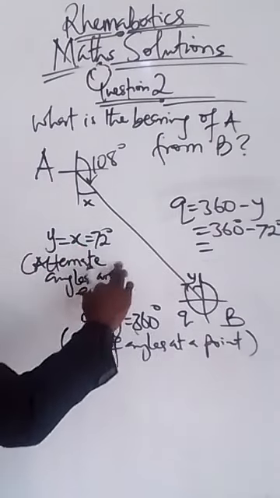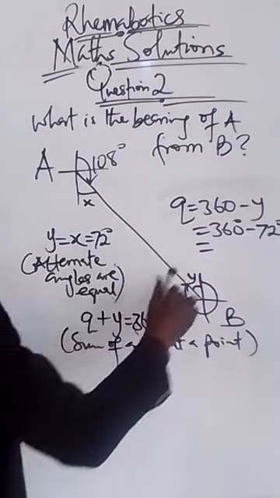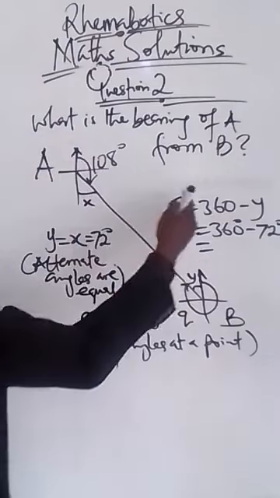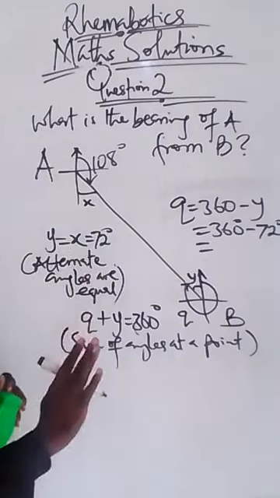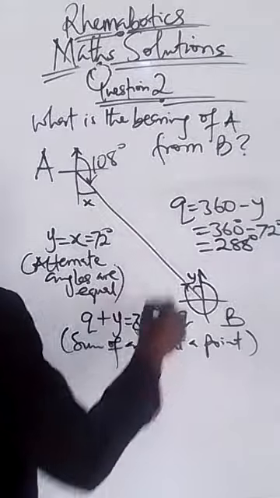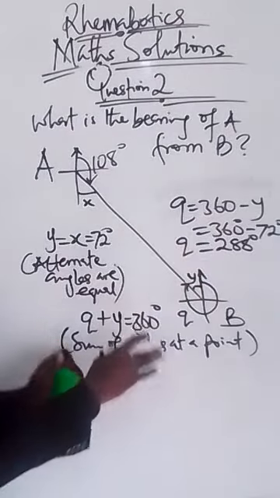You know why? The alternate angles are equal, because this line is parallel to this line. That will give us 288 degrees. So this is the angle.